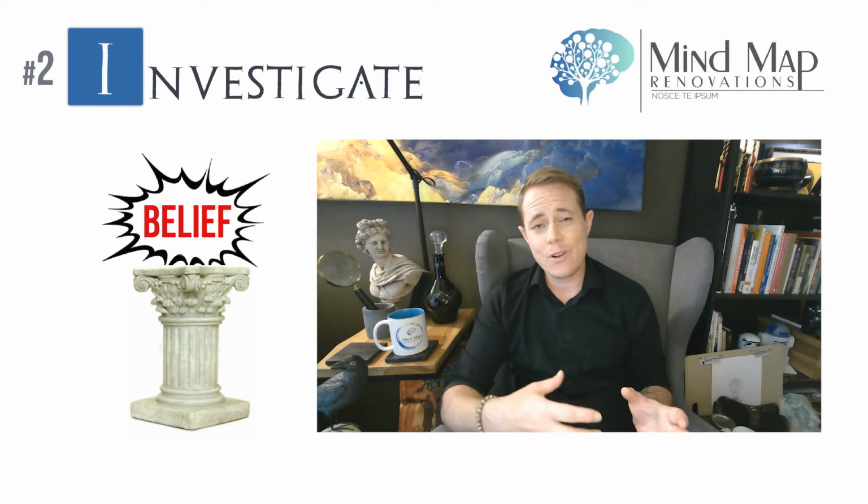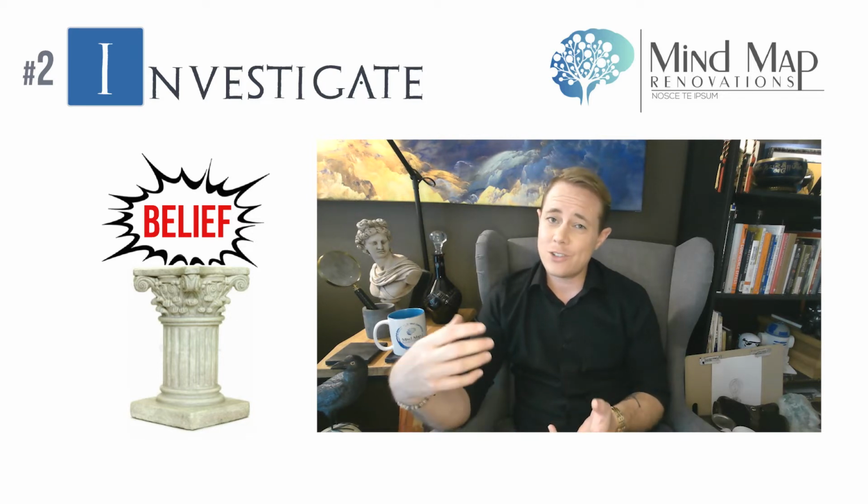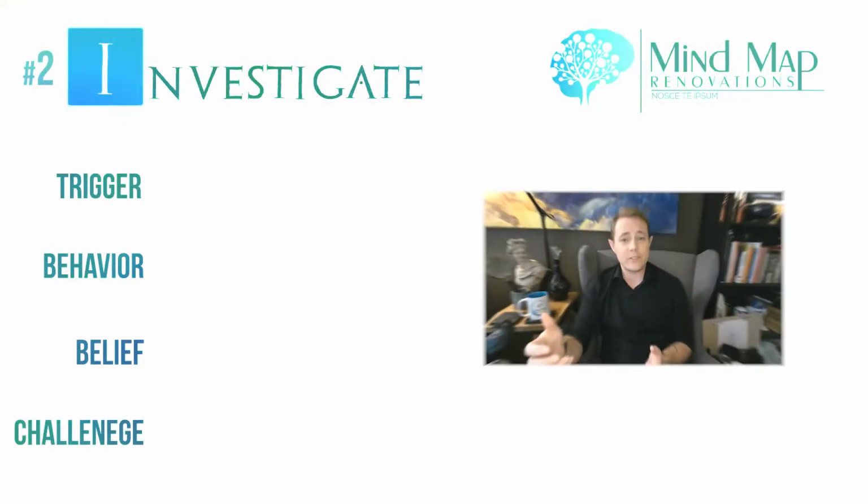And typically the stronger the belief, anytime it's challenged, the stronger the response. When investigating your default mode behavior, it's going to be helpful to understand what the trigger was, what the behavior is, what the belief behind that behavior is, and then work on a challenge to that belief or to that assumption that you're making in order to potentially make a different choice.